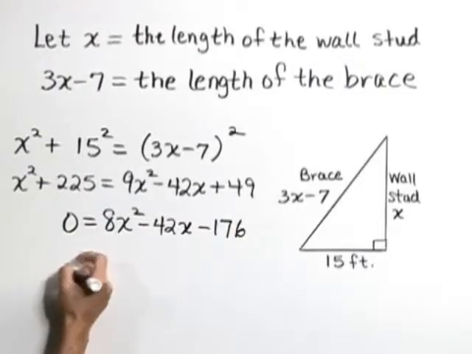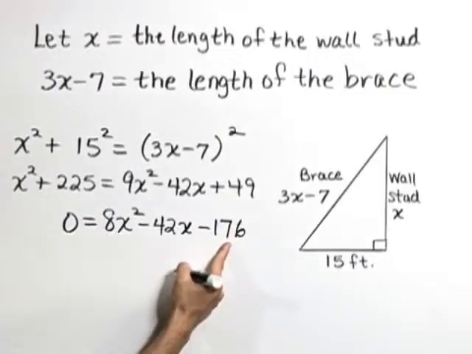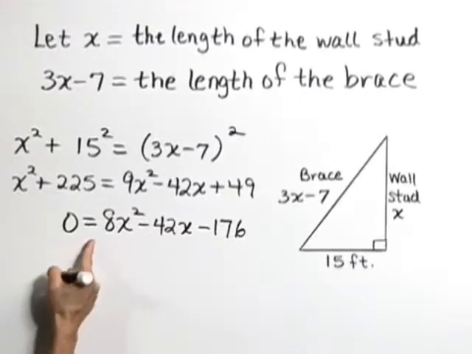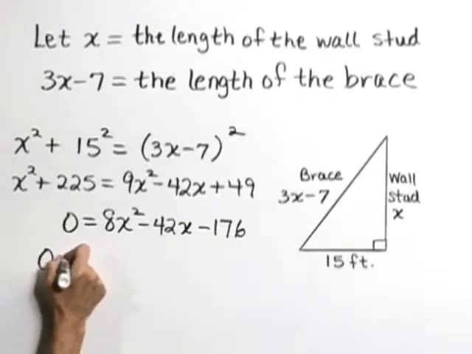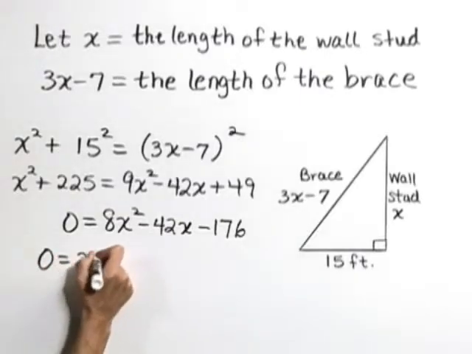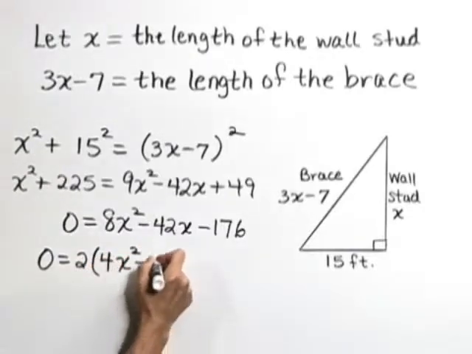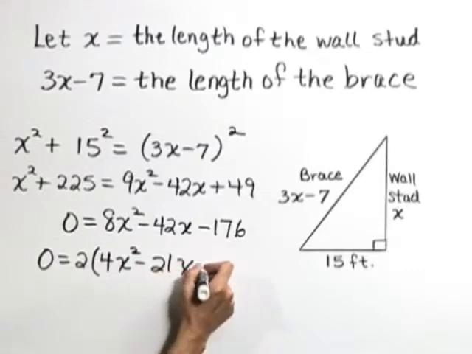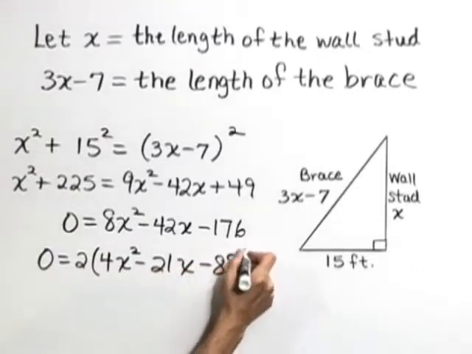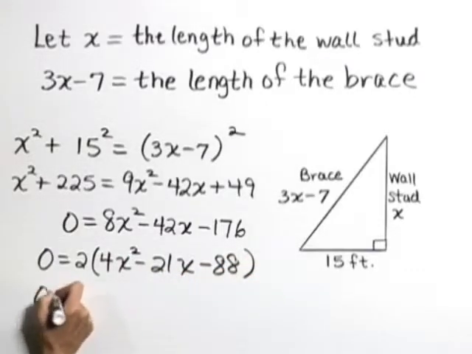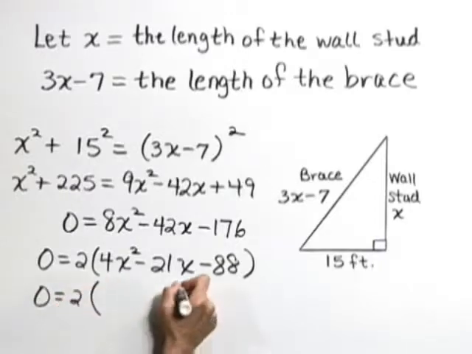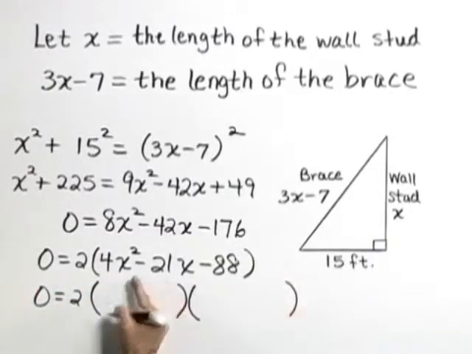Now let's factor. Each of these terms is even, so let's start by pulling out a greatest common factor of 2. So 0 is equal to 2 times (4x squared minus 21x minus 88). Continuing to factor then, if this trinomial factors, it will factor as 2 binomials.